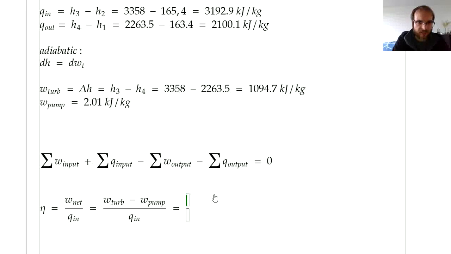So we can also write that the net work output is Q in minus Q out, and still divided by the heat input, which is the Q in.